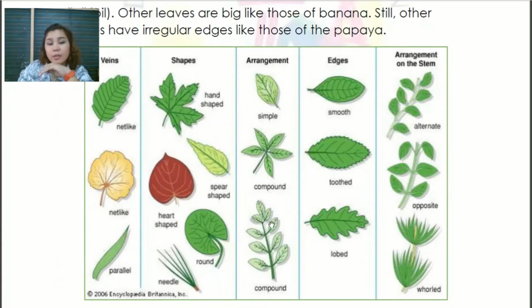The arrangement, ito yung parang sa malunggay, sa ipil-ipil, and then sa sampalok. Tapos, meron ng compound, and then the simple one. The edges, pwedeng pantay-pantay lang, smooth, pwedeng tooth, or lobed. Tapos, arrangement of the stem. Meron yung alternate. Hindi sila pantay-pantay. Meron ding magkatapat, and then whorl.